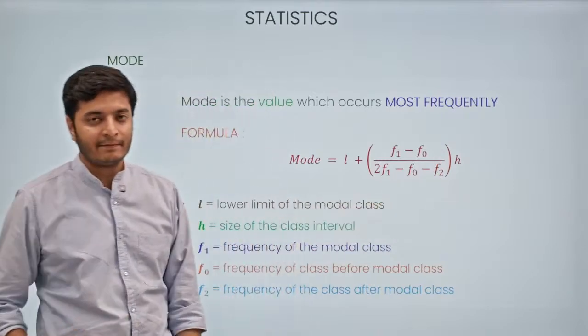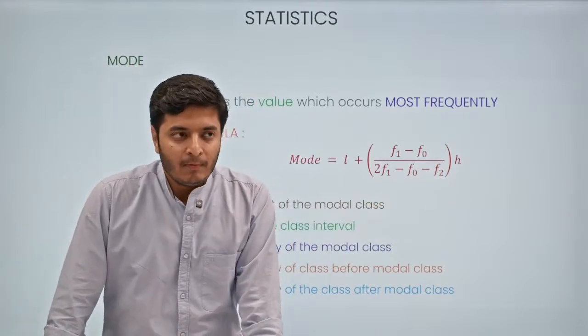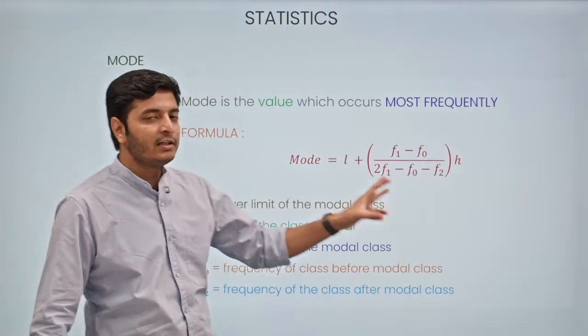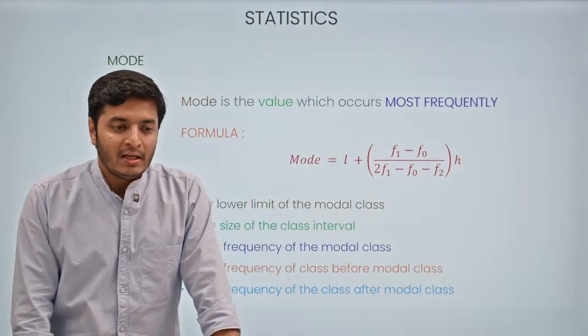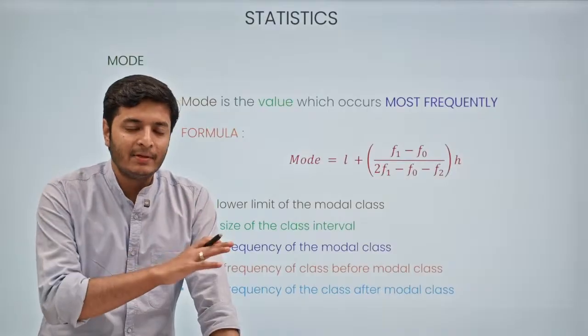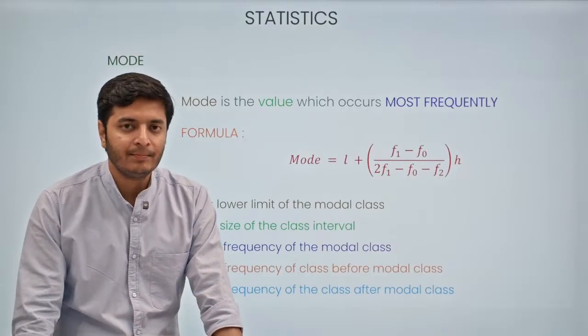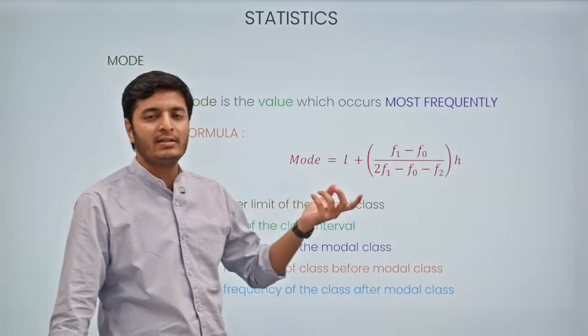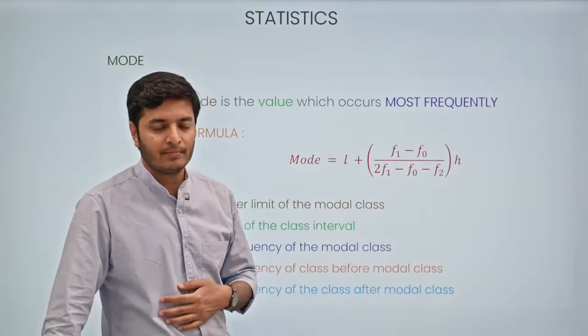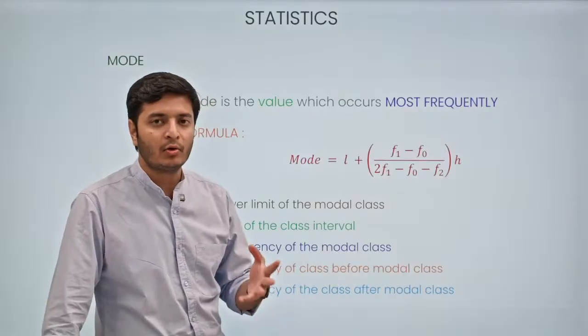What are F1, F0, F2? First thing, we need to identify the modal class. In the same way we identified the median class, but not using cumulative frequency, there is an easier method to identify the modal class.